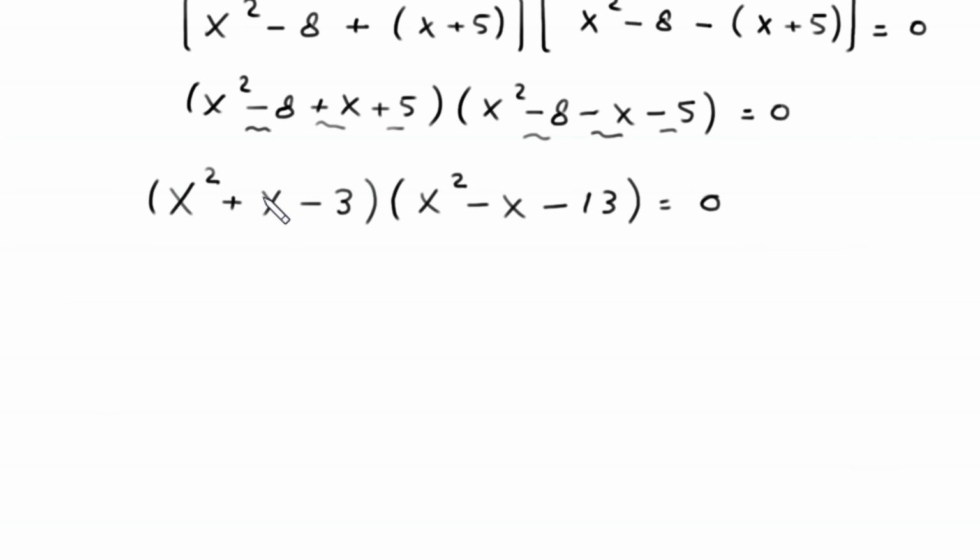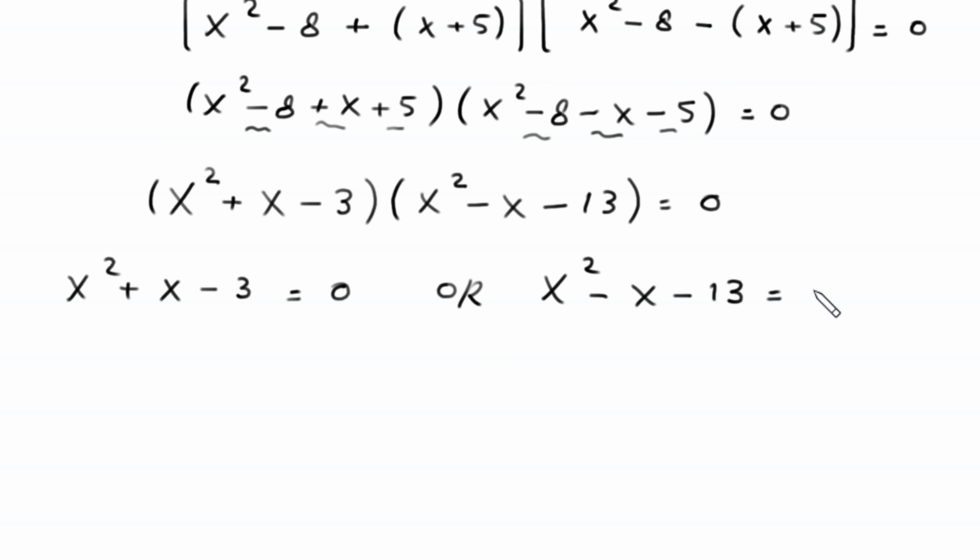From here, either this expression x squared plus x minus 3 is equal to 0, or this expression x squared minus x minus 13 is equal to 0. We have this quadratic equation and this quadratic equation. It means we have 4 solutions for this equation.